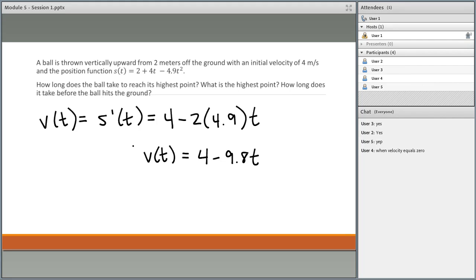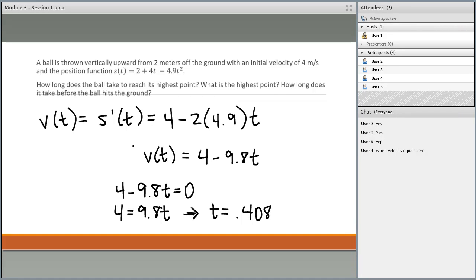So we know that when the velocity function equals 0, that's where the ball has stopped traveling up, and it falls back to the ground. So what we can do is set that equal to 0. And that's going to tell us when the ball is at the highest point, because we can solve for t. So I can move the 9.8t to the other side, and I get t equals 0.408.